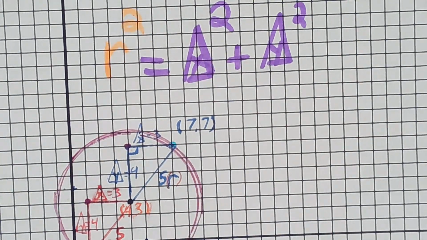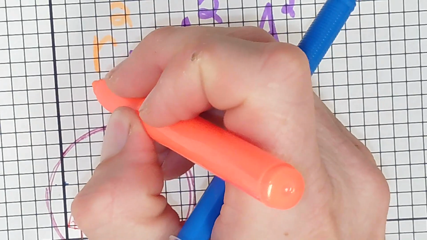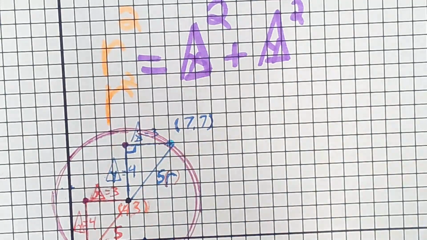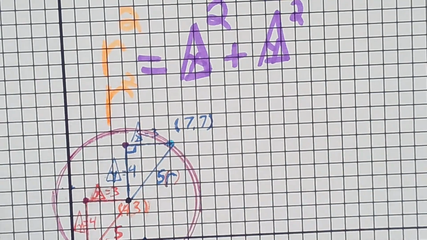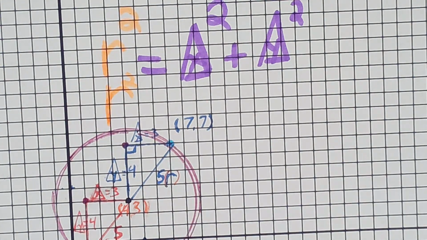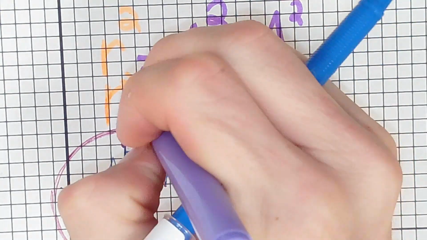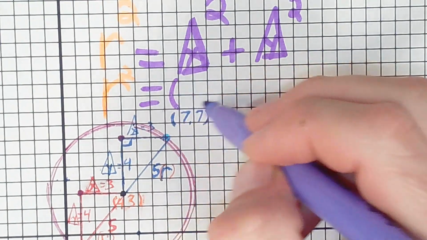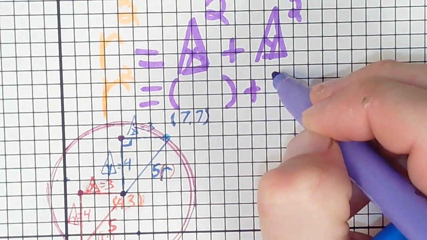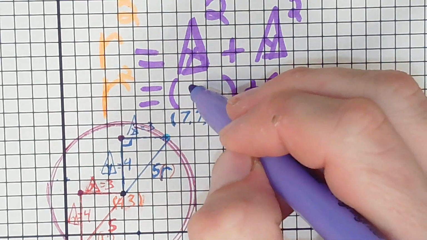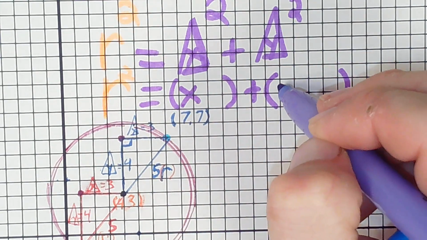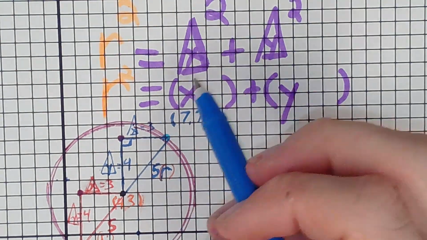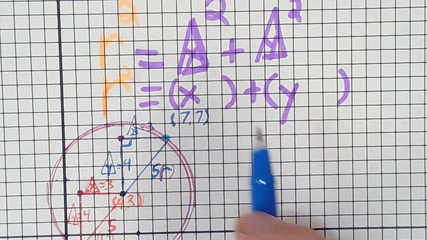So I'm going to carry that through, and I'm going to say that my r squared, which is my hypotenuse, is going to be equal to my x and my y. So what is it equal to? Well, remember that my delta x is a change in something.